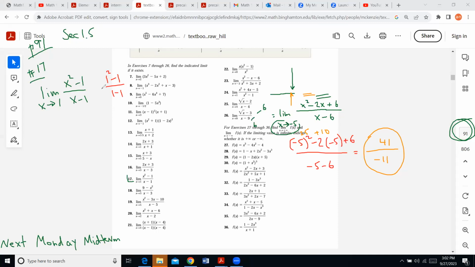So it is going to be an indeterminate form, such as 0 divided by 0. And that will be the problem.